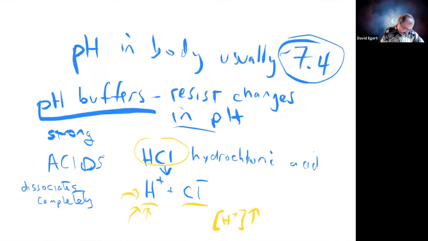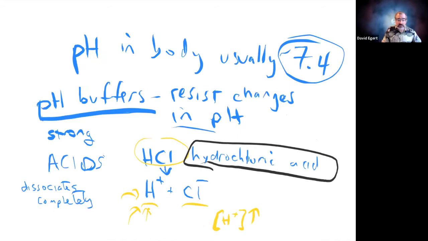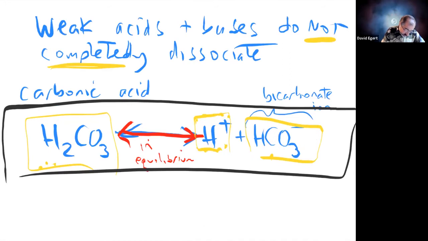Strong acid. Let's say I have HCl that I'm putting into my solution, which is adding a bunch of these H pluses. So I go back to here where I'm adding in all these extra H pluses.